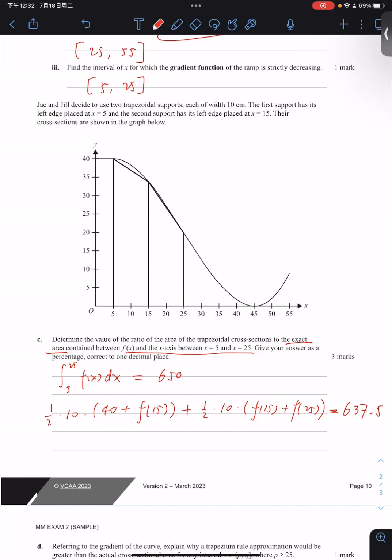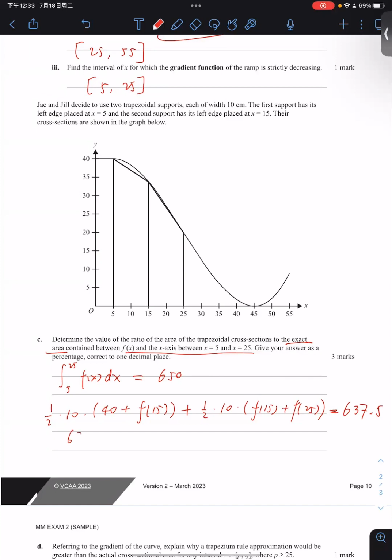And we're looking for the ratio, so we do not have to care about the unit when working out the questions, all right? Because finally we have the ratio, no unit, just a ratio. The ratio is the trapezial cross-section, like approximate, versus the exact area.